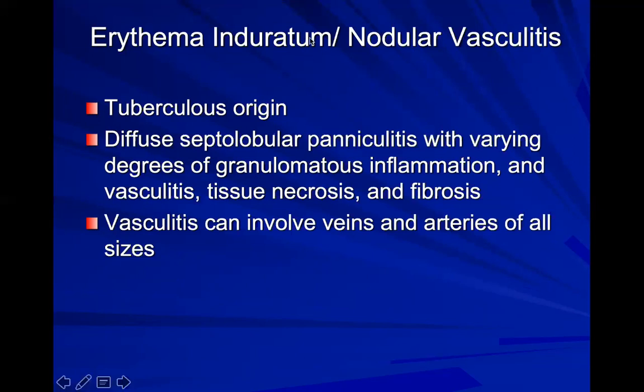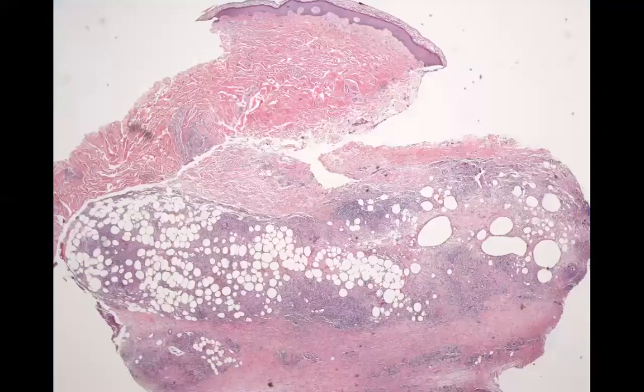So they're probably a spectrum of presentation of a tuberculosis infection. So you will see septolobular panniculitis. Again, it's lobular, but it also involves the septum. And you have varying degrees of granulomatous inflammation, and you may have vasculitis, of the veins and the arteries of all different sizes.